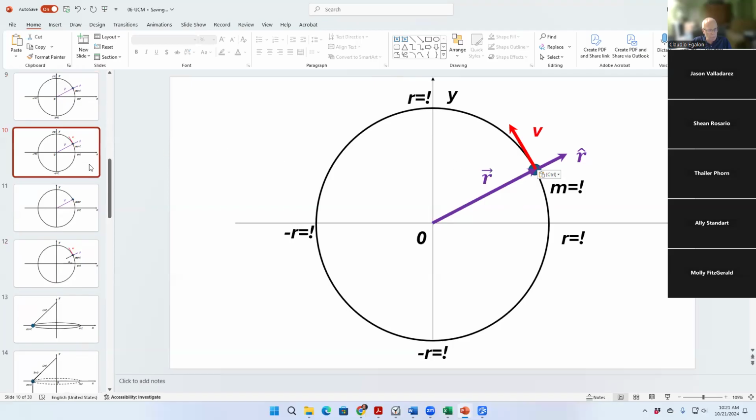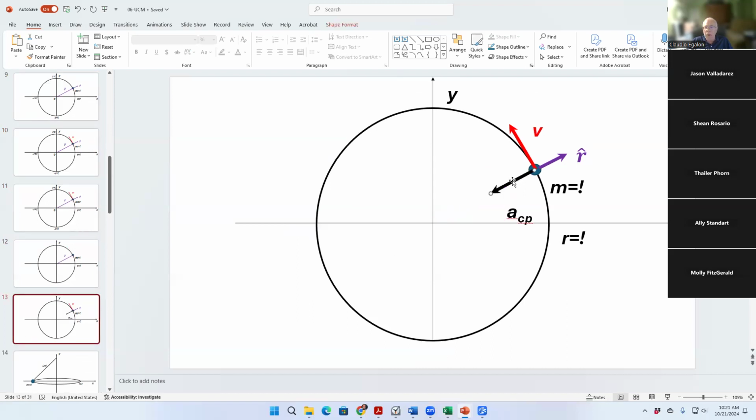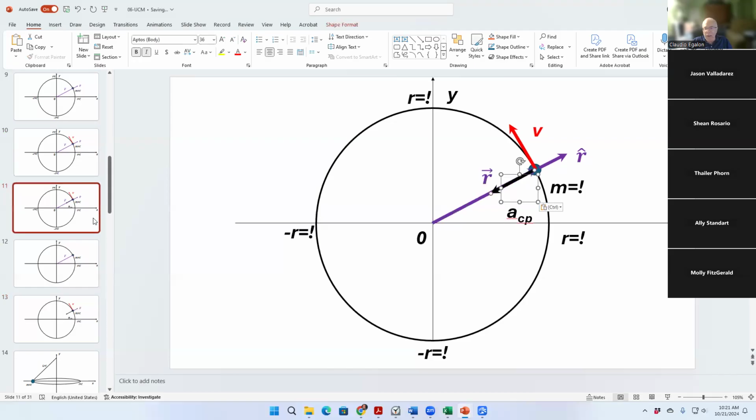And we also know from chapter 2 that the acceleration vector is going to point towards the center of the circle, the center of curvature. What you should not know is that this acceleration vector is going to point exactly to the center of the circle, due to the fact that we're talking about uniform circular motion. Here you go. Better now.